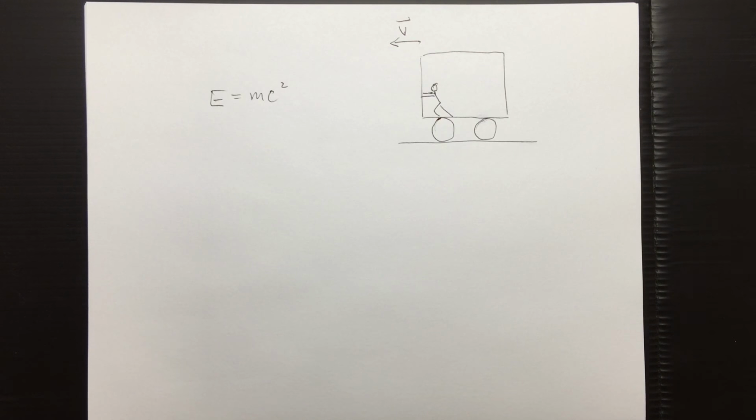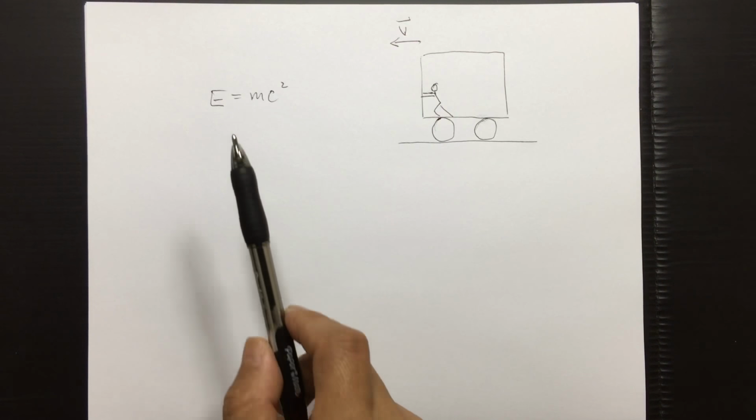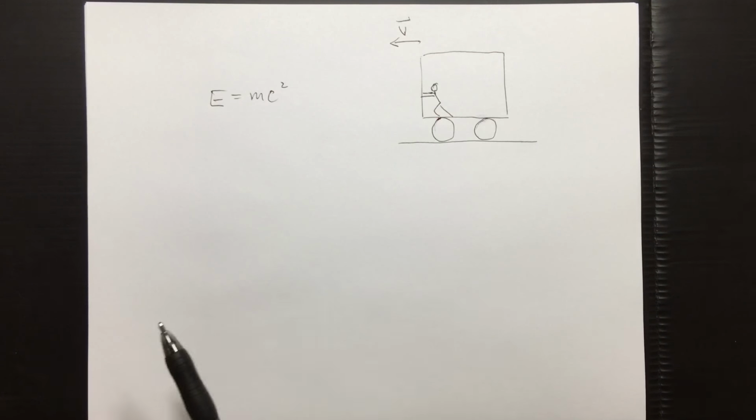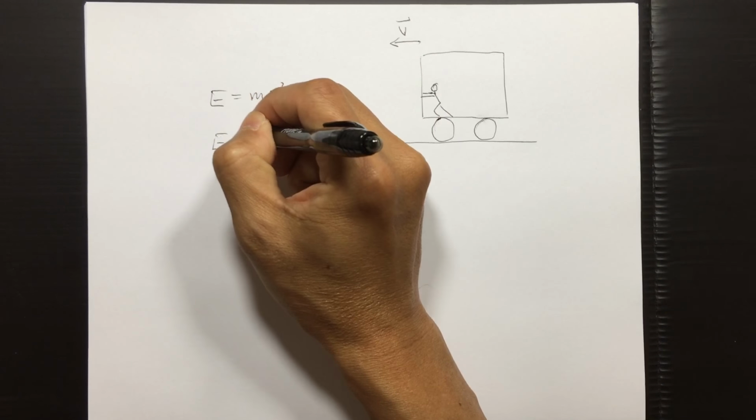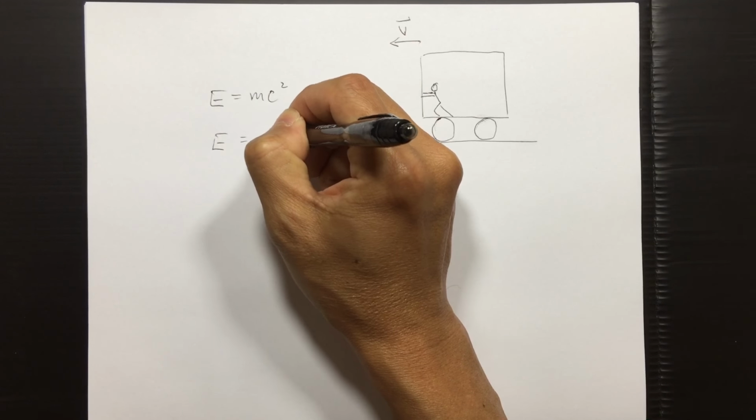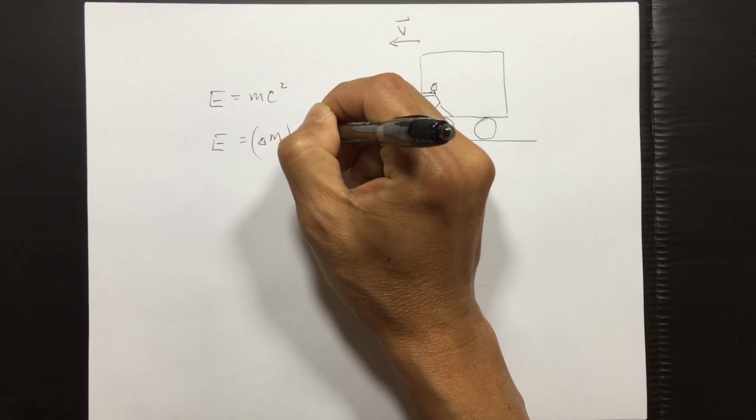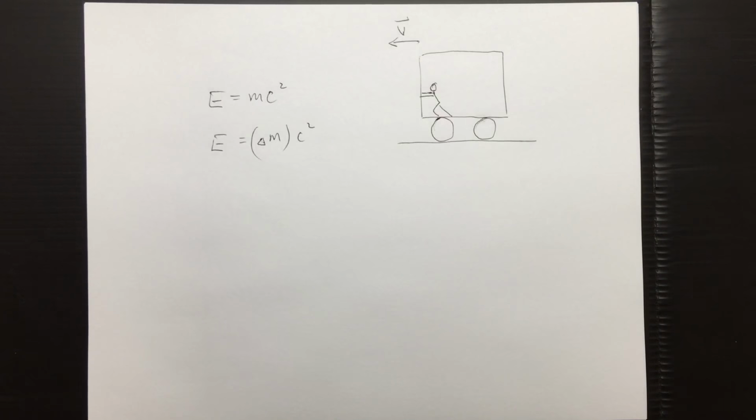Okay, c is the speed of light, which is, in other words, a big number. M is a mass. E is energy. Probably it's better to do it like this.